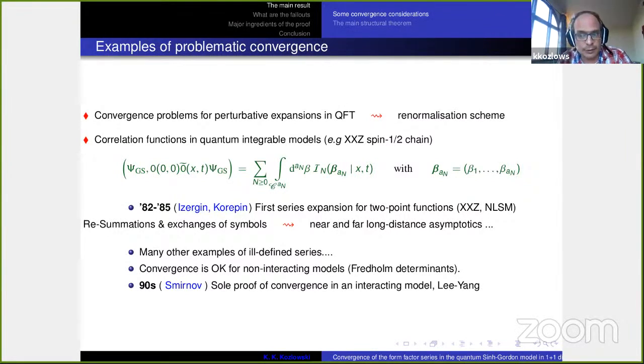Of course, there's a way to find a good series representation for perturbative expansion, and one can frame this under the name of some renormalization scheme, which means to reorganize and sum up appropriately terms in the expansion.